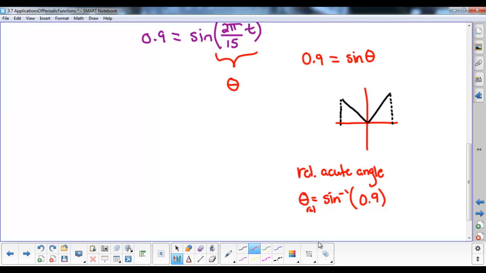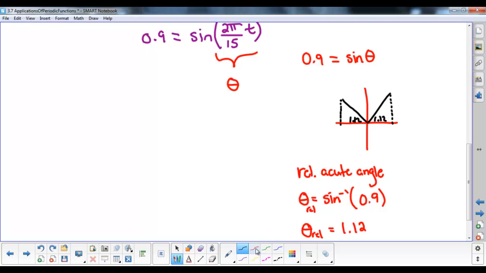Let's call that theta related. Okay, so if I go ahead and punch that in on my calculator, again, making sure that your calculator is on radians, the related acute angle should be 1.12, rounded. So that tells me that the angle inside here is 1.12 radians, as well as this angle here, 1.12 radians.